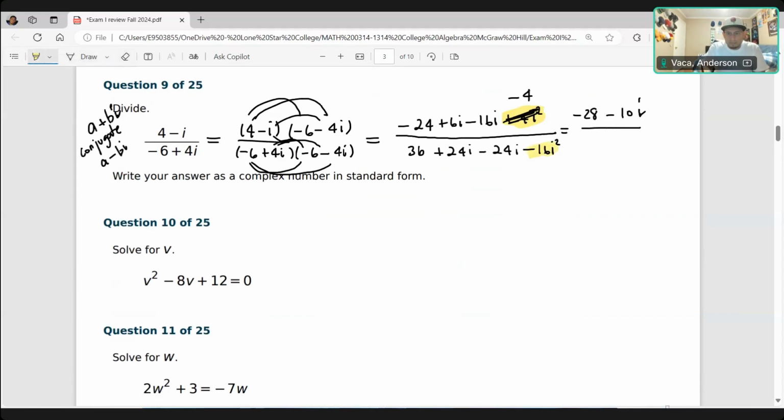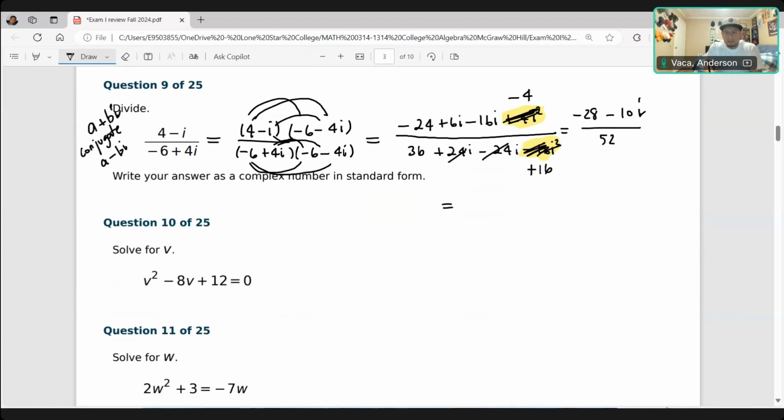Let me highlight that. Make this a positive 16. Cross that out. 36 plus 16 is 52. And then 24i and negative 24i cancel each other out. So this is what we got.